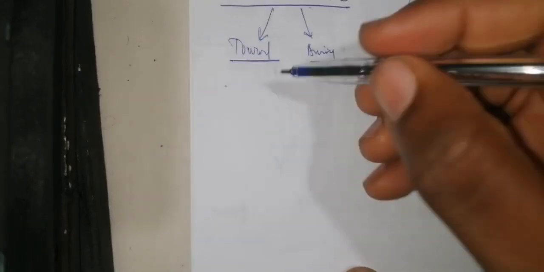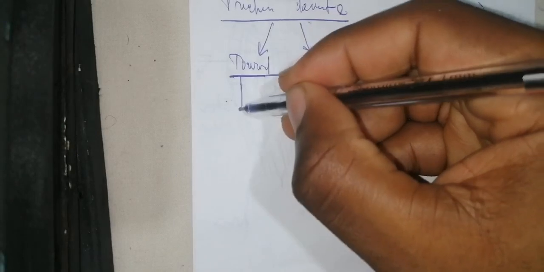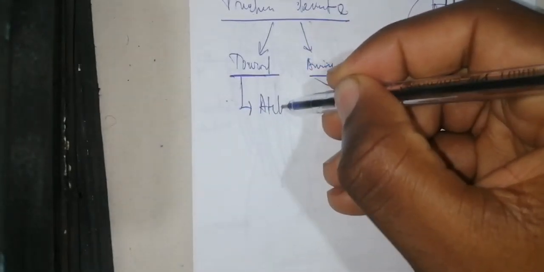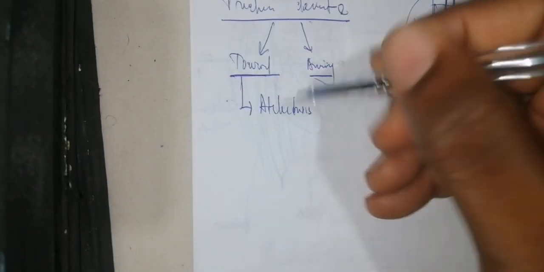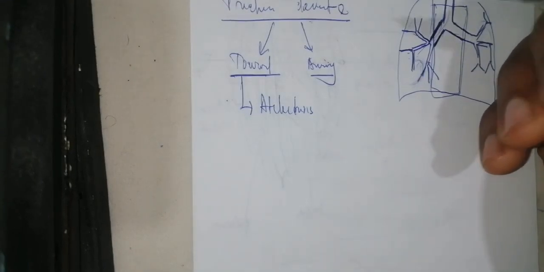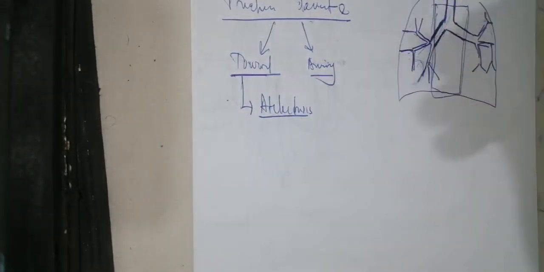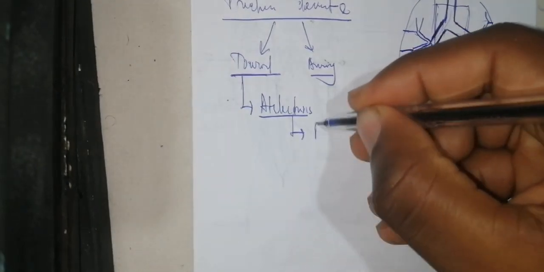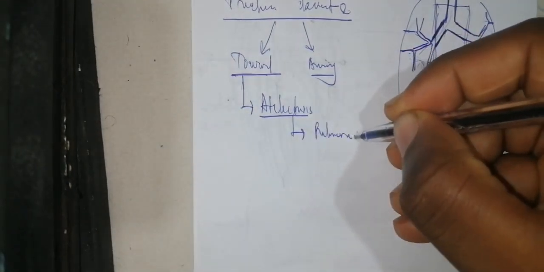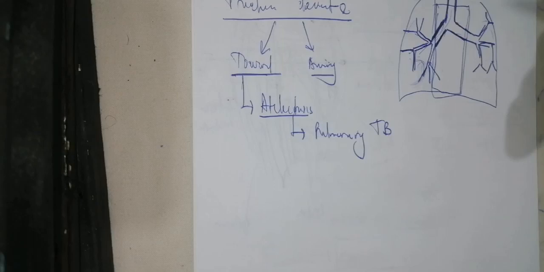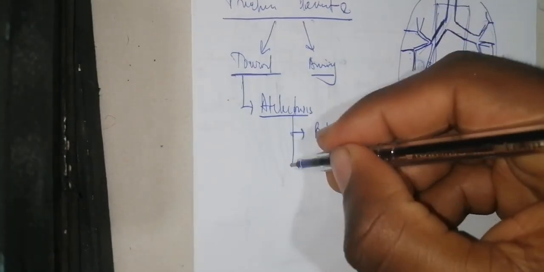Now, the etiologies of the trachea deviating toward and away. When the trachea is deviating toward the pathology, there can be atelectasis. Atelectasis means a lung collapse. Is it clear? We also have etiologies of lung collapse, particularly pulmonary tuberculosis in children.